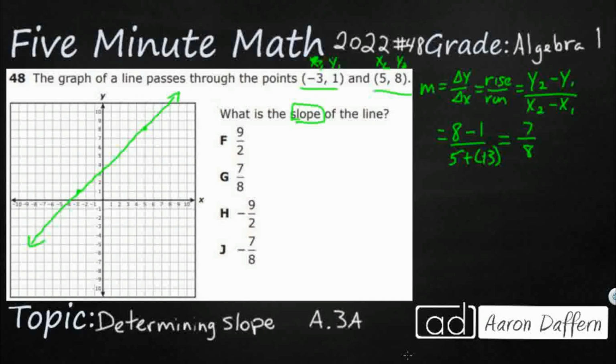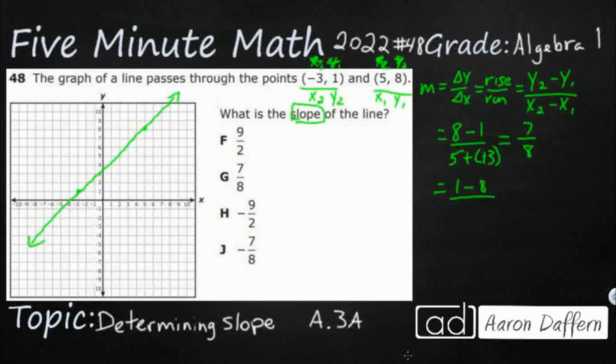What happens if we flip these? What if that's my x2 and that's my y2, and what if that's my x1 and y1? There's no reason why I had to use the -3, 1 as my x1 and y1. Well, let's see what happens. So my y2 is going to be 1 minus my y1, which is 8.